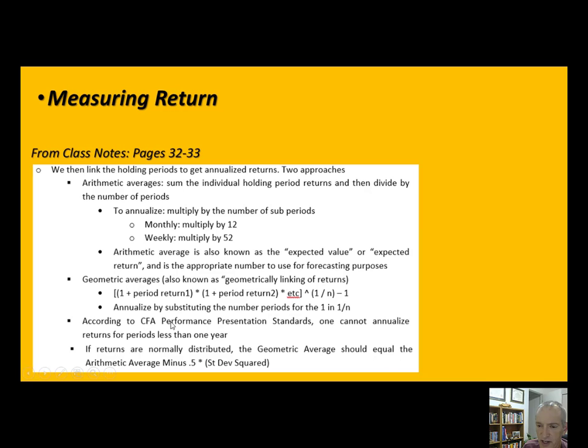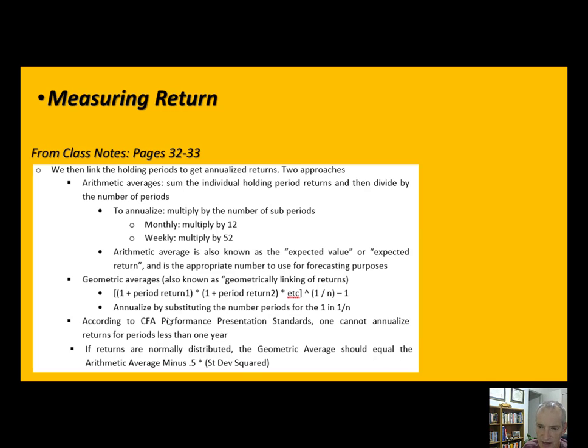According to the CFA, and I want you to put this on the exam, I'll give you 3 months, and maybe if everybody's using Excel, I may give you more months, we'll see. But according to the CFA, you can't annualize holding period averages if it's less than 1 year. We are going to do that in our exercise. I'm going to take 3-month holding periods, take the averages and annualize it.